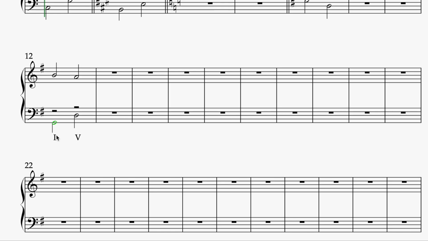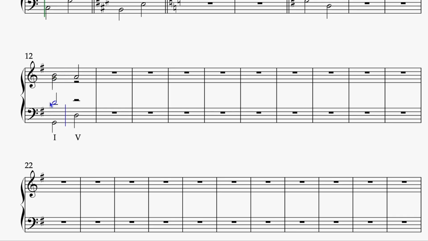I've got the melody there. I know what I'm doing, so I've put my bass line in, and I need to complete the other voices. Step 1, is the third of the chord there? Yes, it is. So don't add another one. So I need to double the root note or the fifth. So in this case, I'm going to double the root note of the chord, and I'm going to put the fifth in.